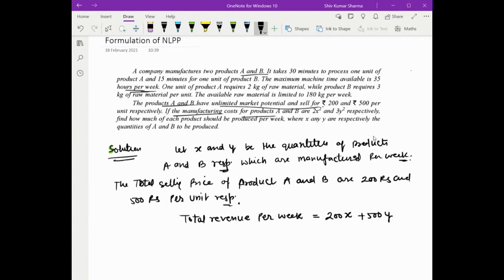But we move on. If the manufacturing costs of products A and B are 2x square and 3y square, this is the manufacturing cost.